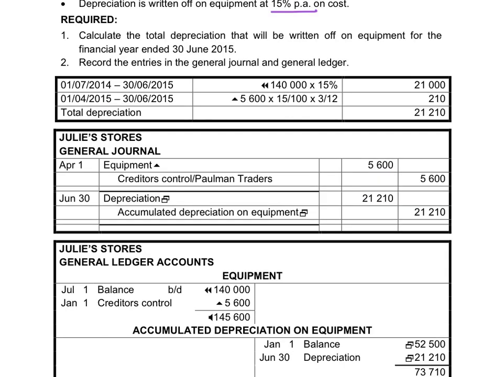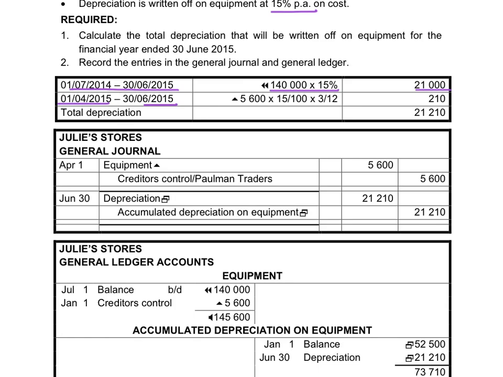We will work out depreciation on the old equipment from the beginning of the year until the end of the year. On the 140,000 times 15% will give me 21,000. Then on the new equipment we purchased on the 1st of April, we will calculate depreciation up to the end of the financial year.